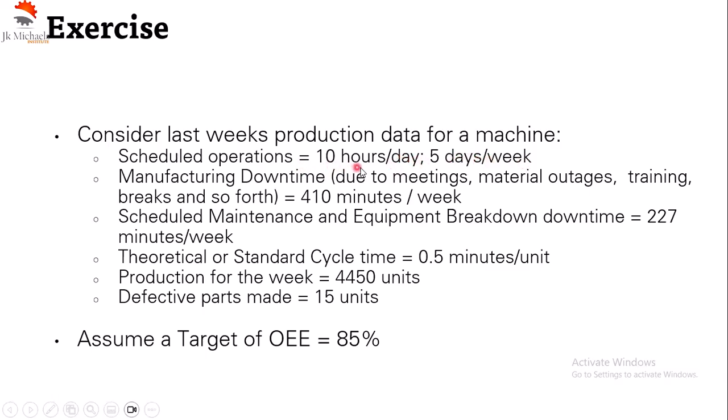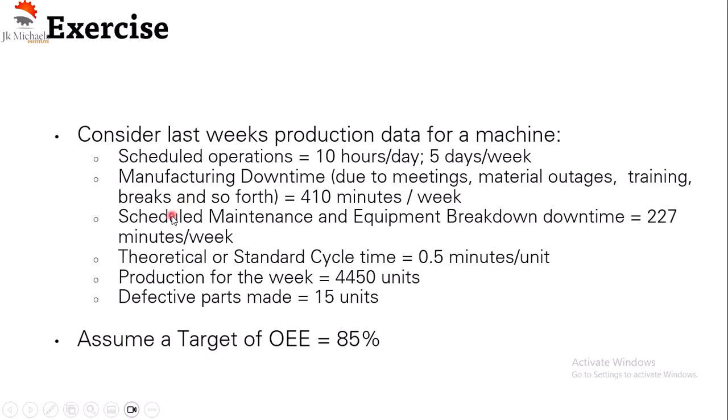That's a scheduled operation, which is going to be our perfect production time, the planned production time. And then we have manufacturing downtime due to meetings. I mean, these were the times we were not able to use the machine in spite of the planned production time. Due to meetings, material outages, trainings, breaks, and faults, it came to 411 minutes per week, right?